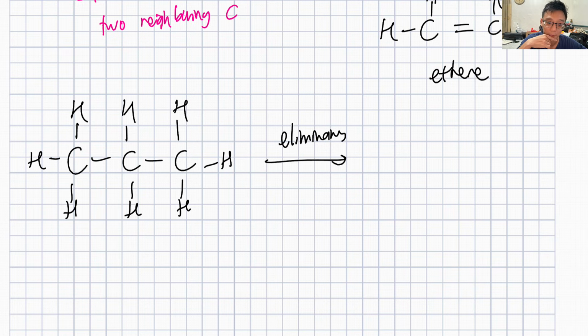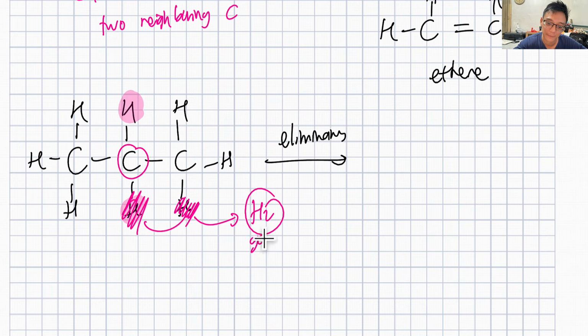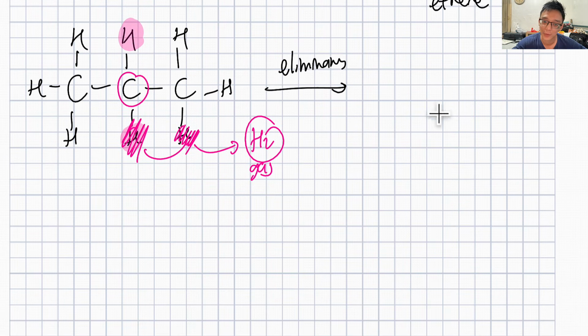So let's say that this is the poorest carbon, because it only has two hydrogens. So one hydrogen from this carbon must be released, and then one from the neighboring carbon. Let's say this one. They will be released as hydrogen gas, and then the carbons that lost hydrogen will form a bond.